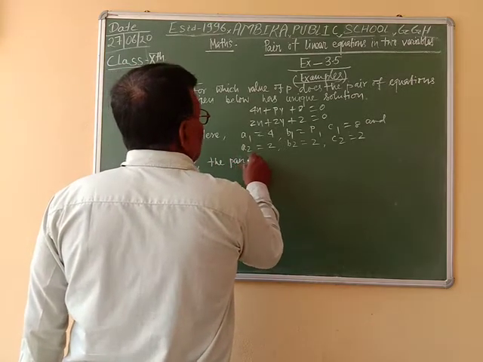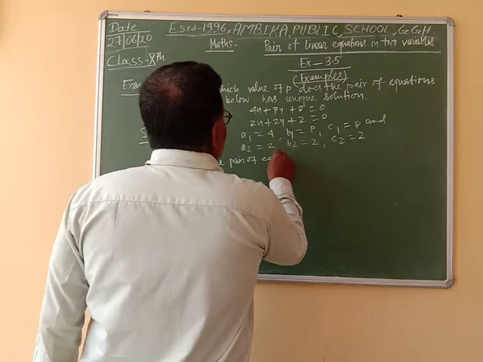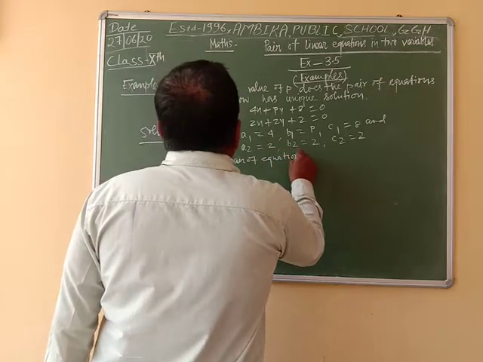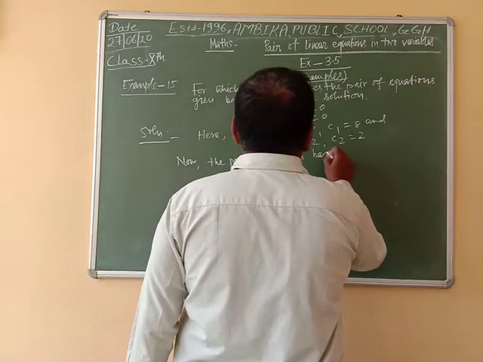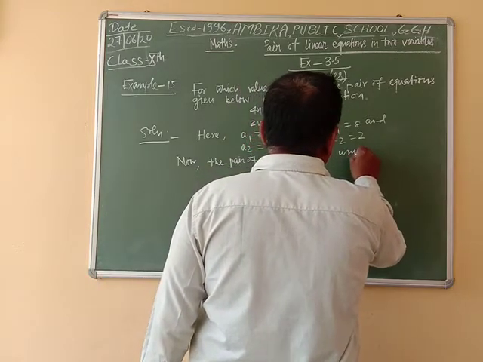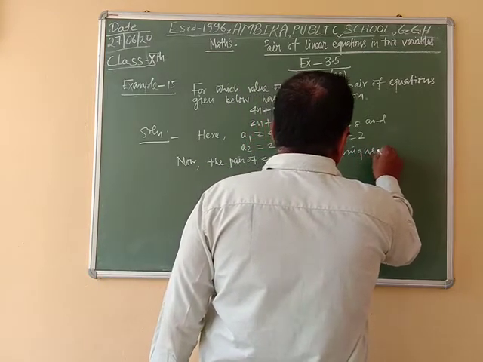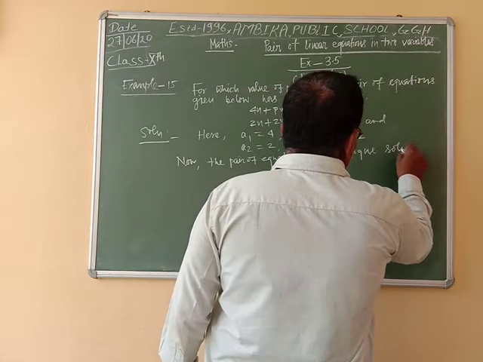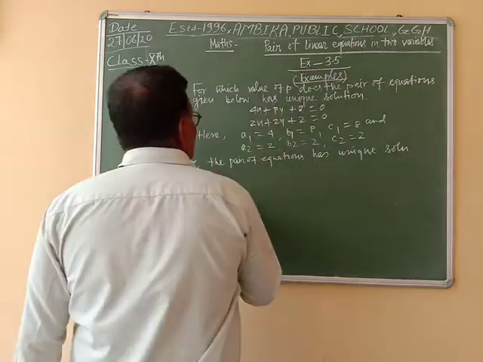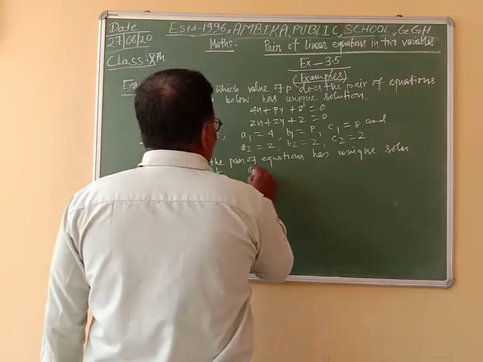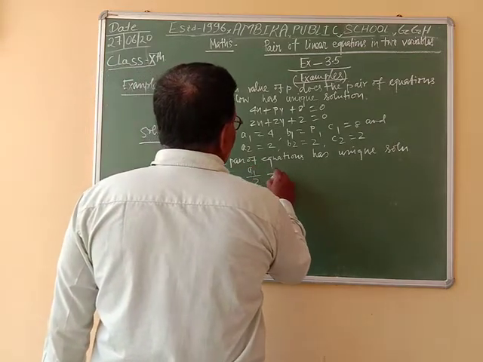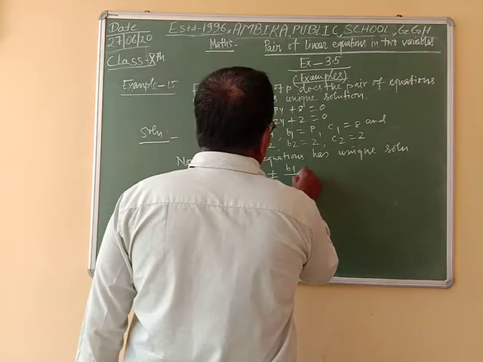Now the pair of equations has unique solution if a1 by a2 is not equal to b1 by b2.